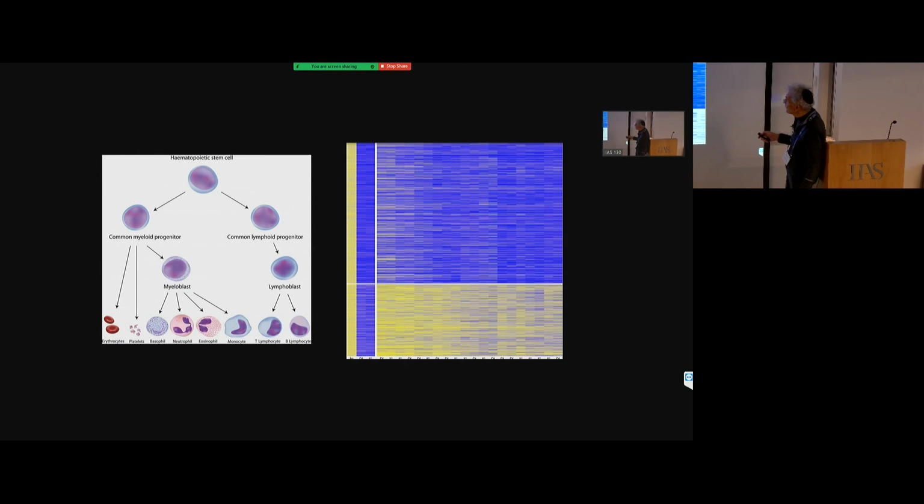If you take a look at hematopoietic stem cells, all of these sites are tissue-specific demethylated, and just in the stem cells.